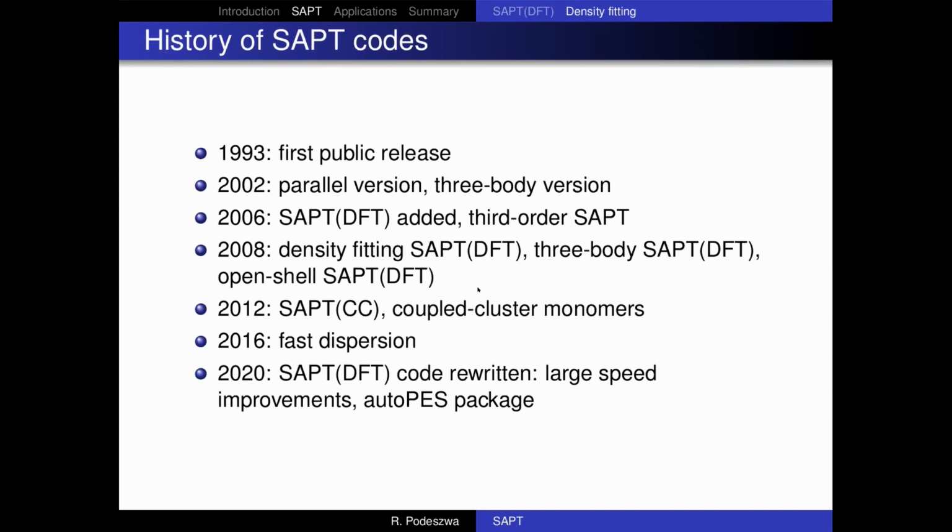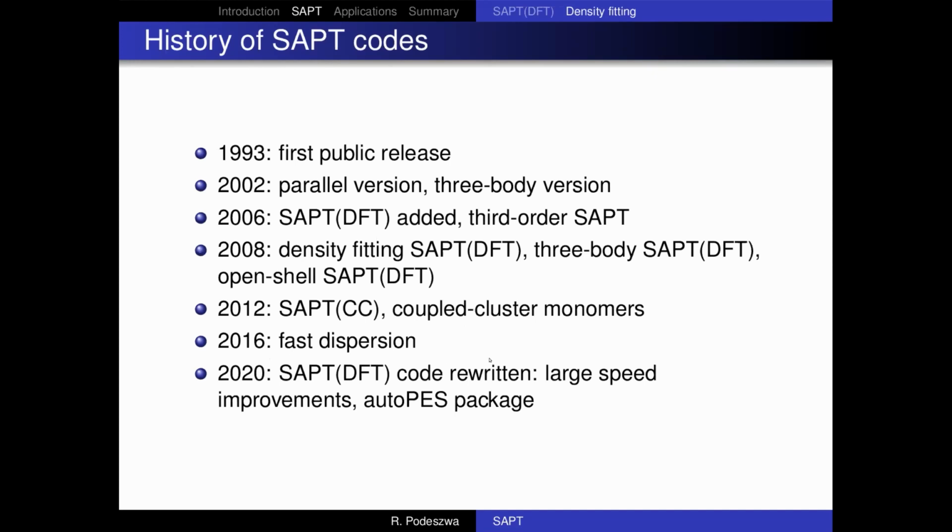In 2008, density fitting version and three-body SAPT(DFT), and also high-spin open shell SAPT(DFT). In 2012, coupled cluster monomers could be used. It's a code from Tatiana Korona, which is very accurate, although this format is pretty slow, only for small systems.